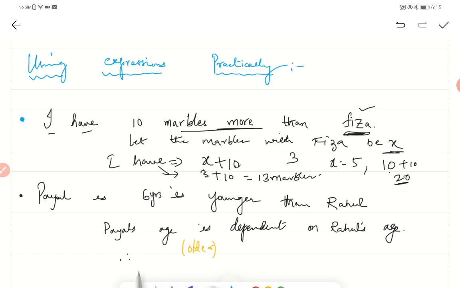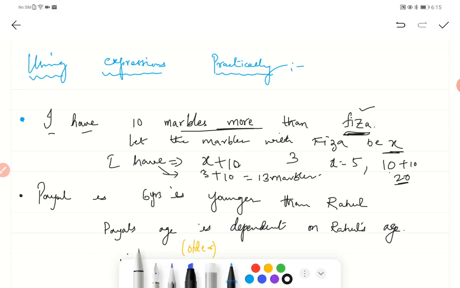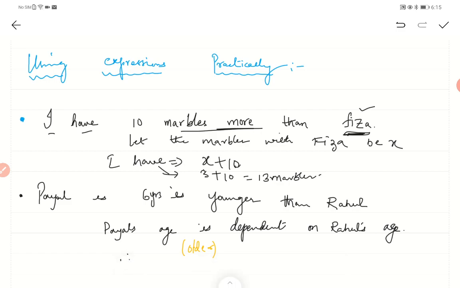Isn't it? So one statement will be given, okay? So you need to get the expression for those statements. So first of all, what you need to do is read the question properly, understand it, and try to do it. Okay, now let's come to the next expression. Understand this, please be attentive.